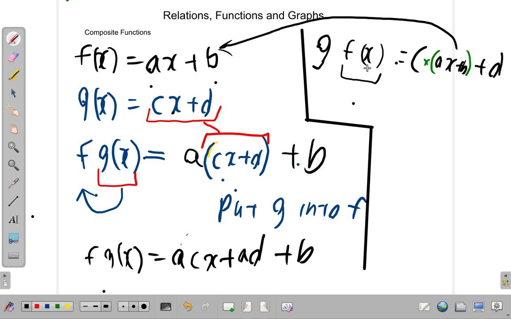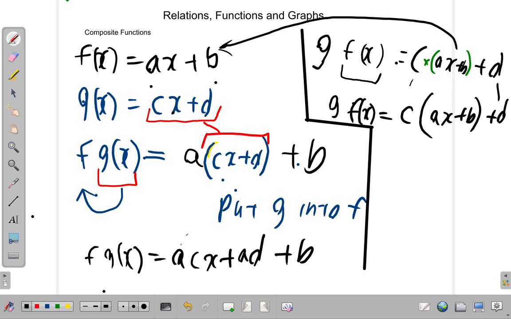So what we have now is g f of x is equal to c times ax plus b plus d, the same d, the same c. Alright, you see that? So gf of x is equal to, we can multiply it out, c multiplied by ax, acx, putting it in alphabetical order, plus c times b, bc plus d.